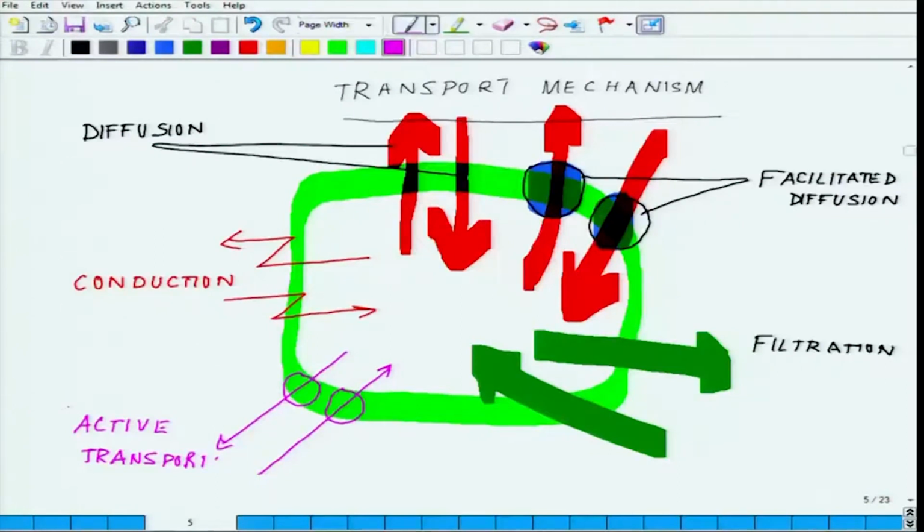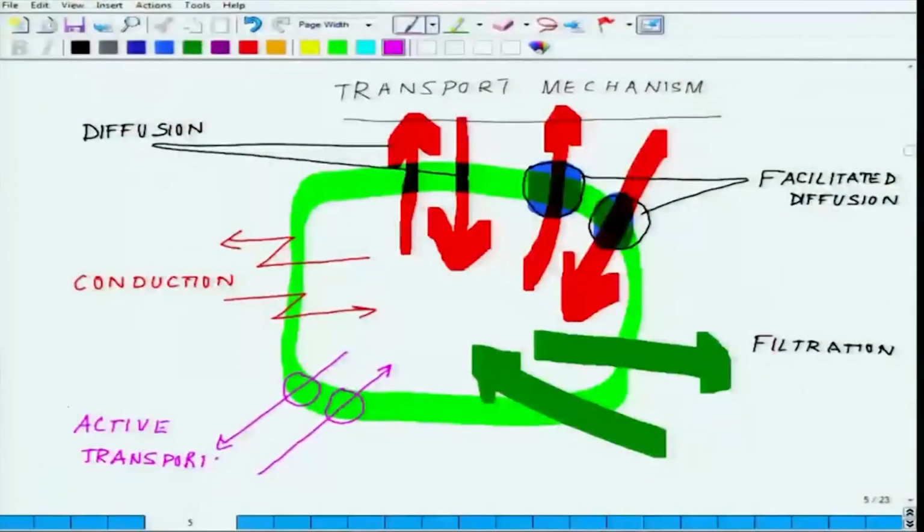So, this is in the briefest manner how all the different transport phenomena can be described. You have conduction, which is a function of the potential drop across the membrane, which I explained in terms of potential in the last class.